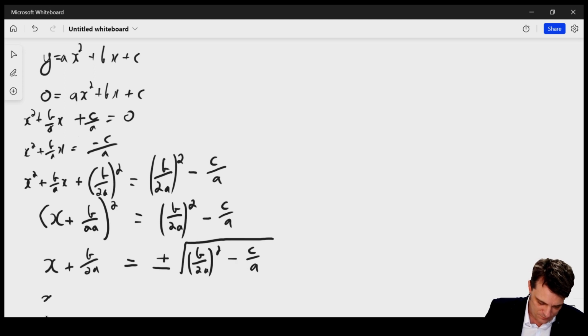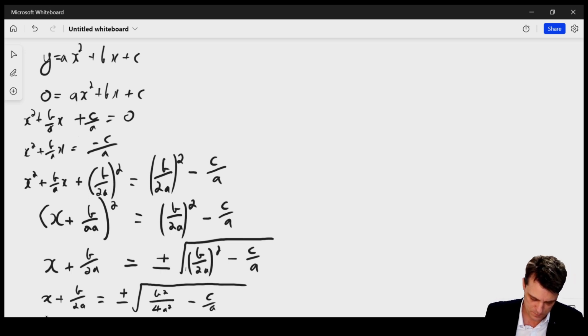What I want to do now, leave this side as it is for one second, and then expand this expression here. So we end up with the square root of b squared divided by 4a squared minus c on a.